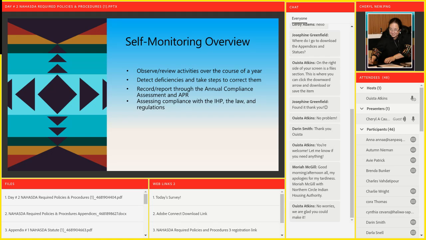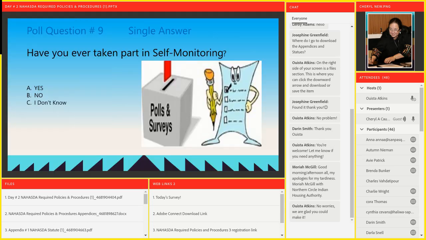And for assessing compliance with your IHP: this is what I said I was going to do, this is what I did, and the law and those regulations that we have to follow.